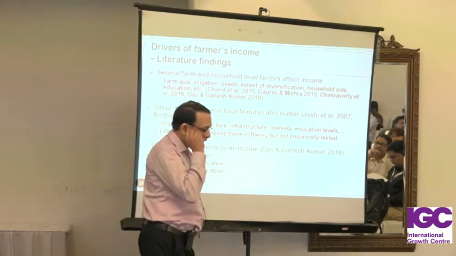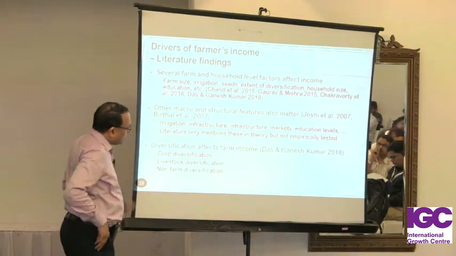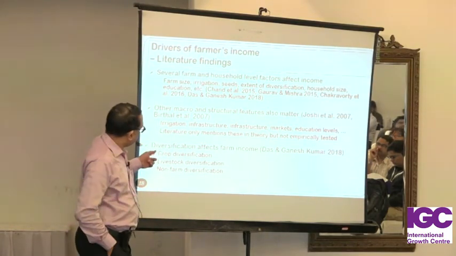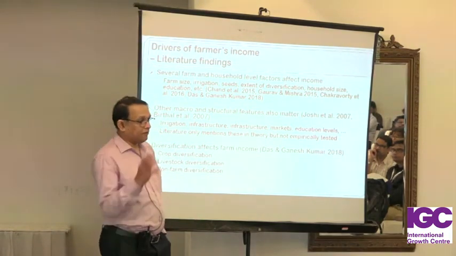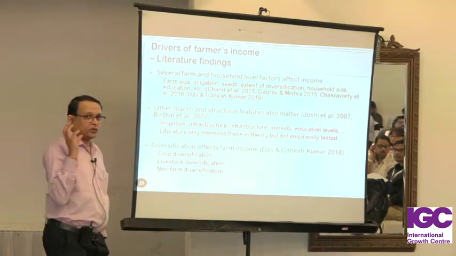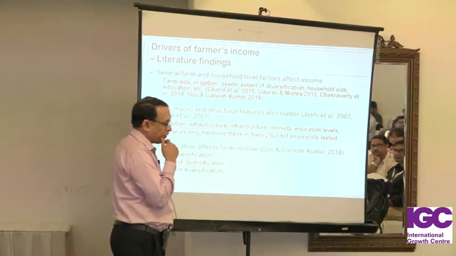This is an important thing to know. And one important thing that comes about is that diversification affects the income. The level of diversification at the household level is also important.